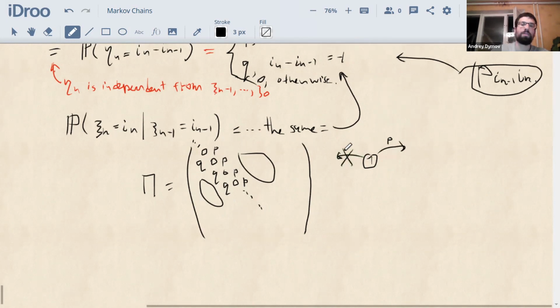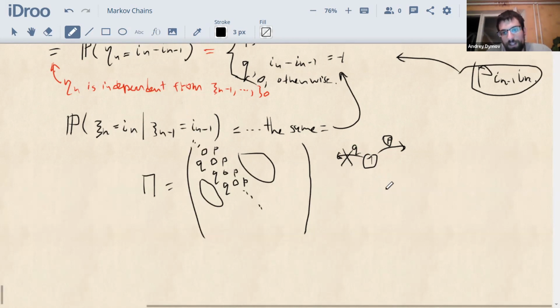I didn't draw any probability to go to the left, so it isn't correct, because it would be correct only if P equals 1. But in general, P is different from 1. That's why I should also have probability to go to the left with probability Q. It means that I should continue this matrix in this direction.